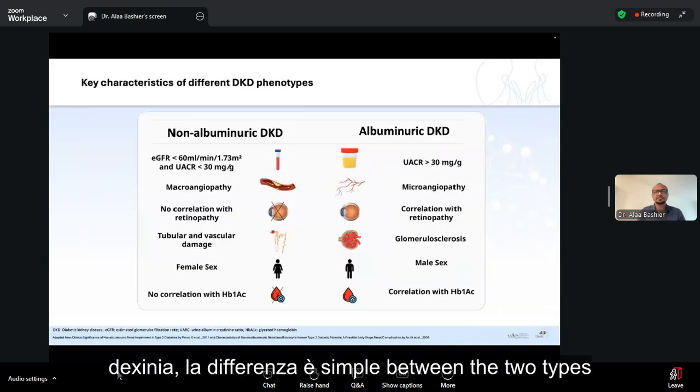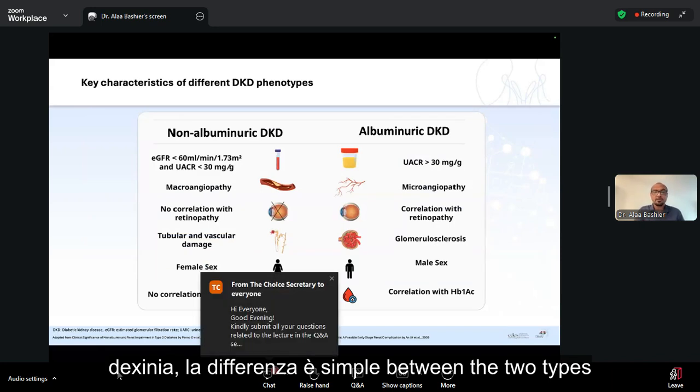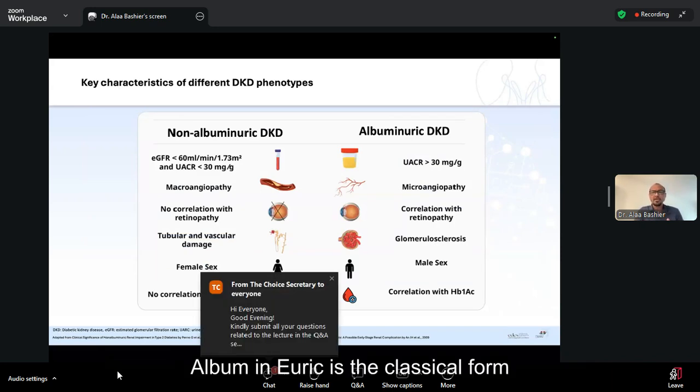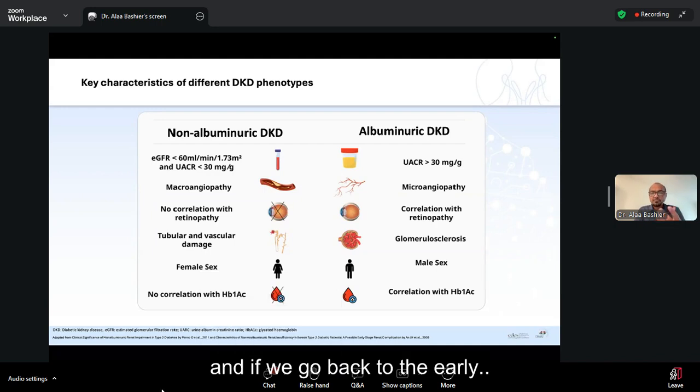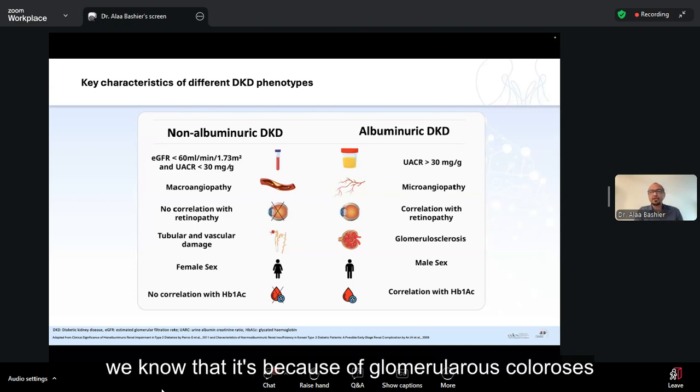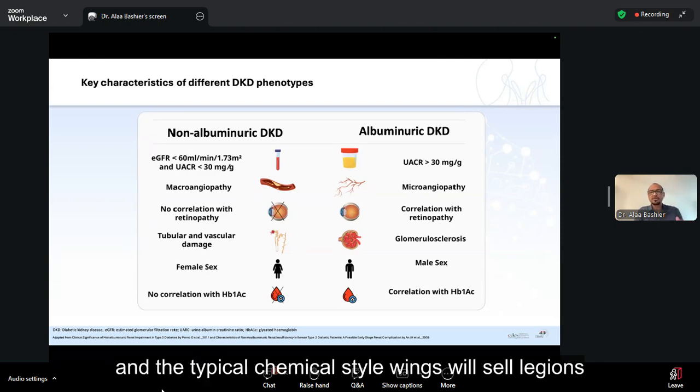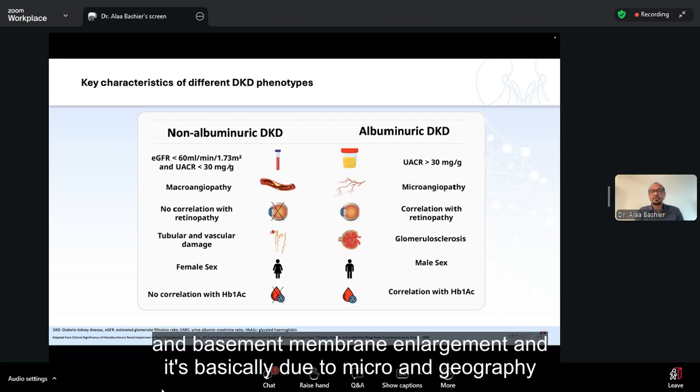The difference is simple between the two types. The albuminuric is the classical form, where we see albumin excretion more than 30, and if we go back to the early knowledge about it, it's because of glomerulosclerosis and the typical Kimmelstiel-Wilson lesions and basement membrane enlargement.